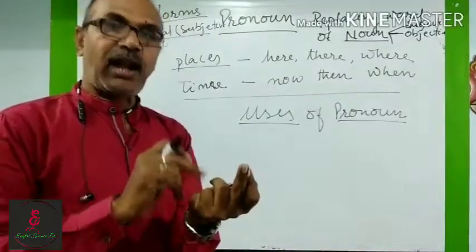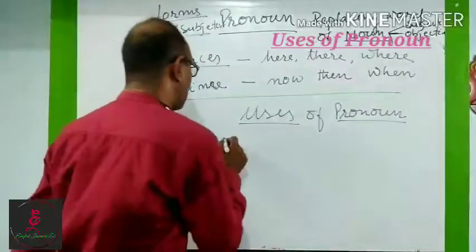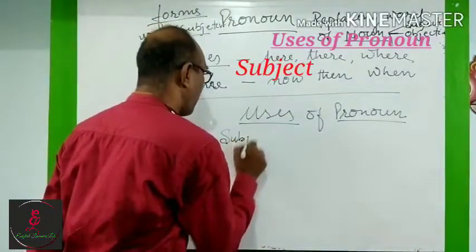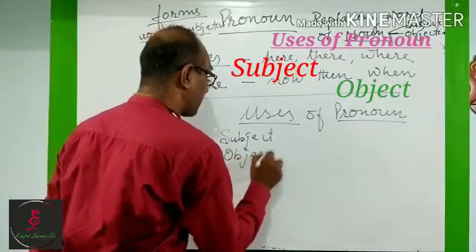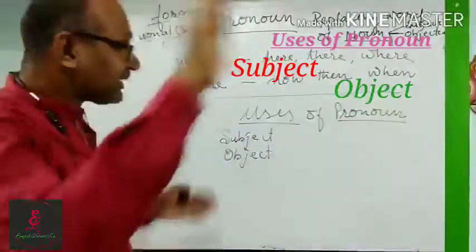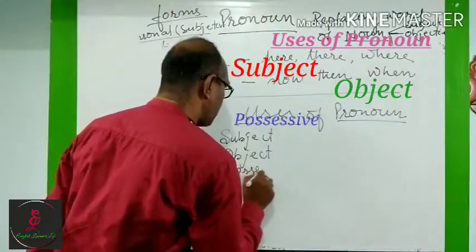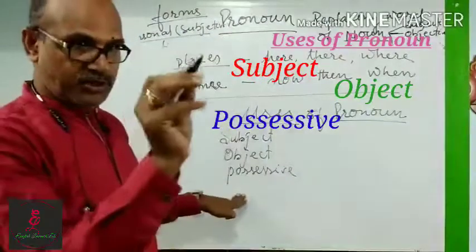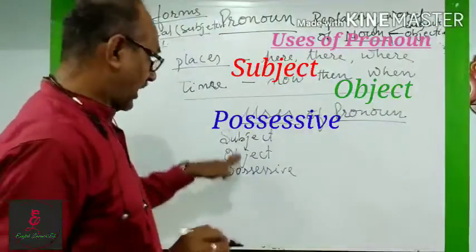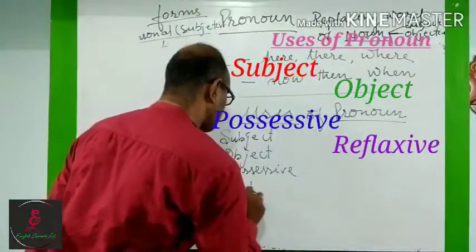Okay, so a pronoun can be used as a subject, object. And another is possessive, as a noun can be used with apostrophe s. Another is reflexive.